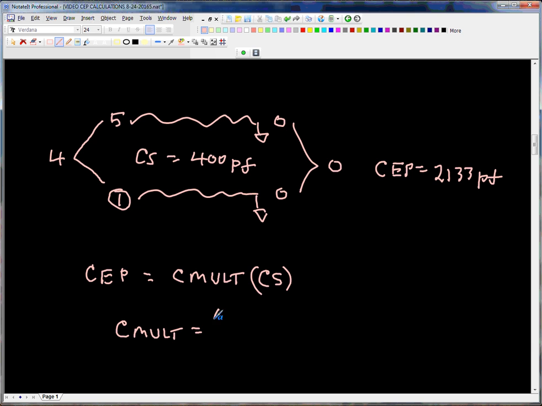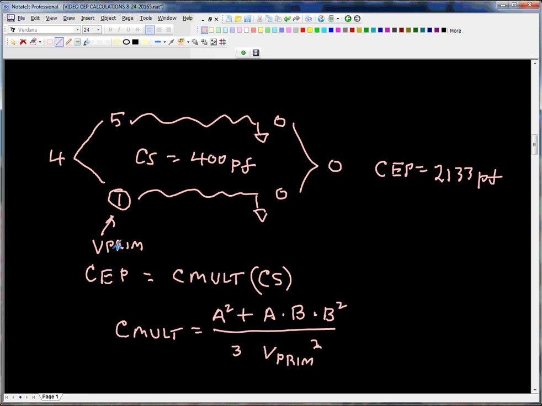C multiplier equals literally A squared plus A times B plus B squared over 3, and for now we'll say V primary squared. This is V primary right here. This number is V primary.